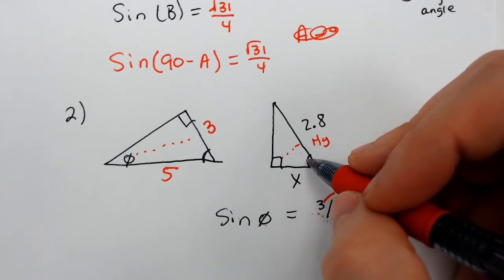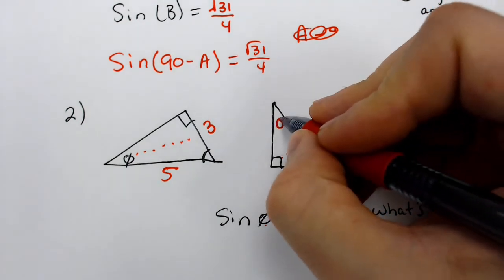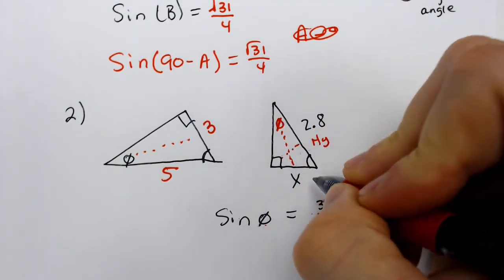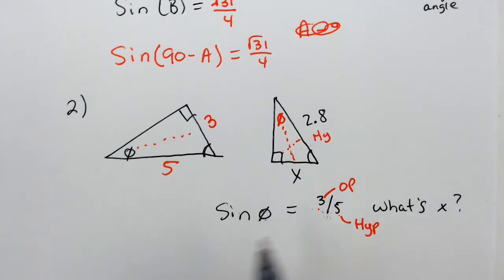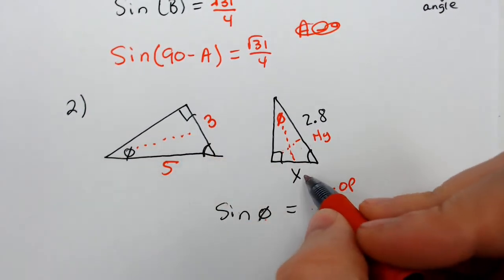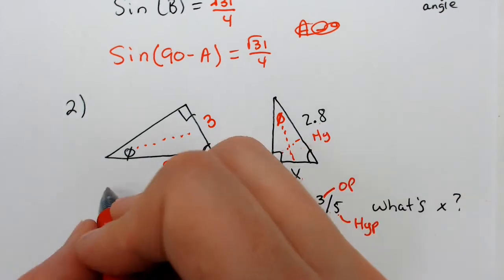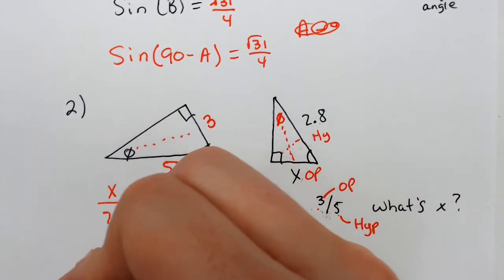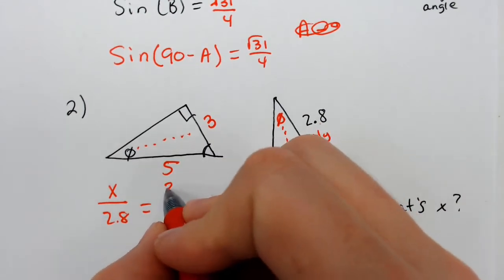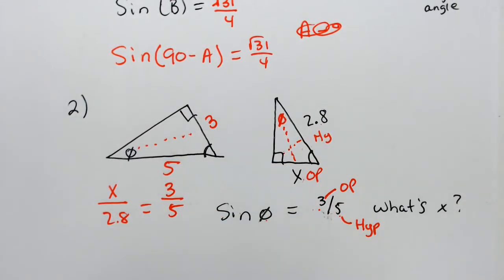And if I go across from the theta, I get my x. So in this case I'm going to put in x over 2.8. That would be the opposite over the hypotenuse, and that would equal opposite over hypotenuse, 3 over 5.